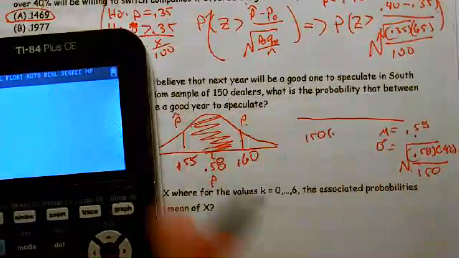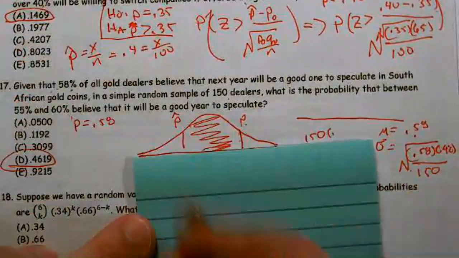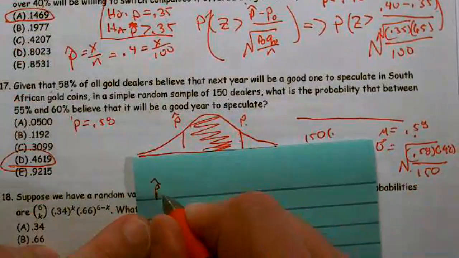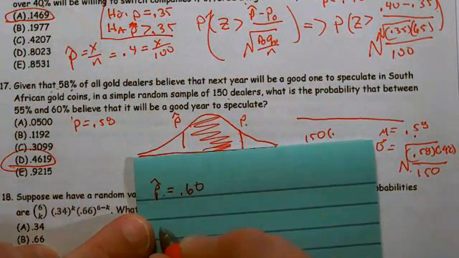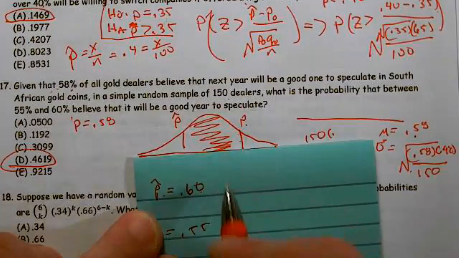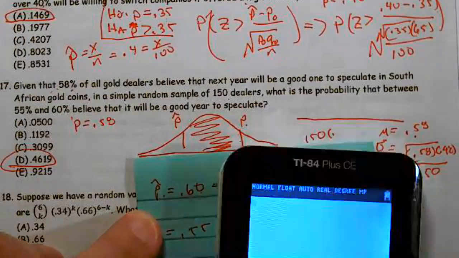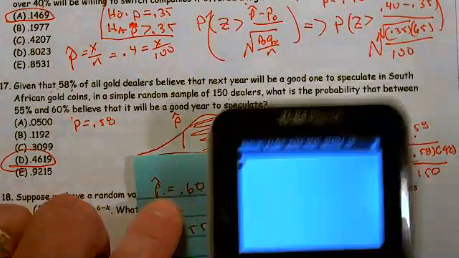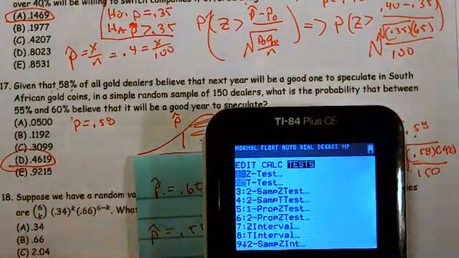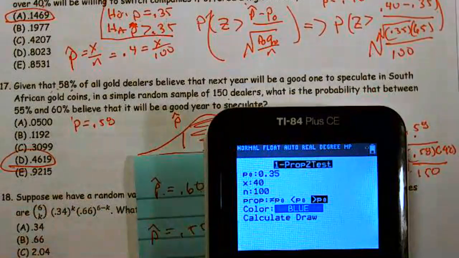Let's go ahead and do this as a stat test. Well, if we're doing this as a stat test, I need my p hats. And my p hat is either 0.60 or 0.55. If I do a p hat of 0.60, my x is going to be x over n. All right, so let's go ahead and do that first one. So stat test, one proportion z test.